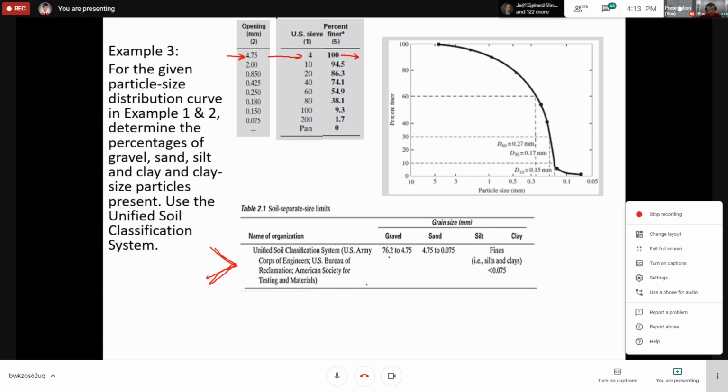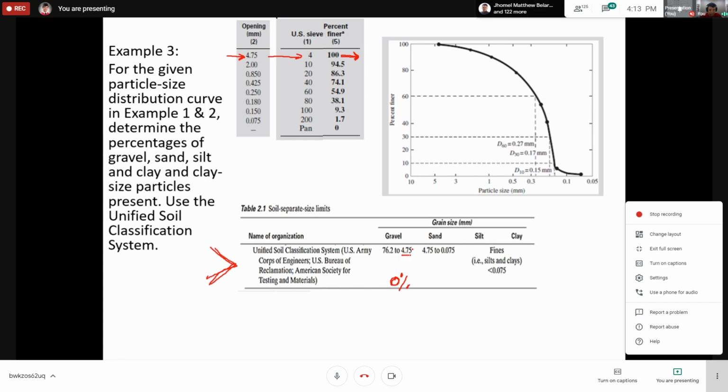So we can say that gravel is 0%. Again, percent finer is the percent passing of that particular sieve number. Since 100% passed through sieve number 4, nothing was retained on 4.75, meaning your gravel is 0.